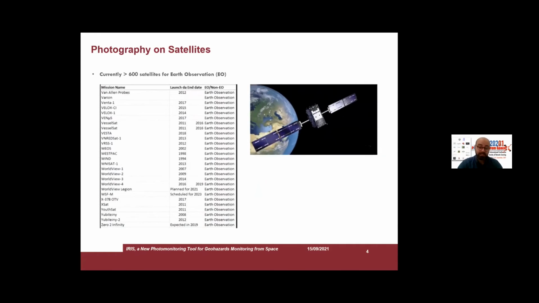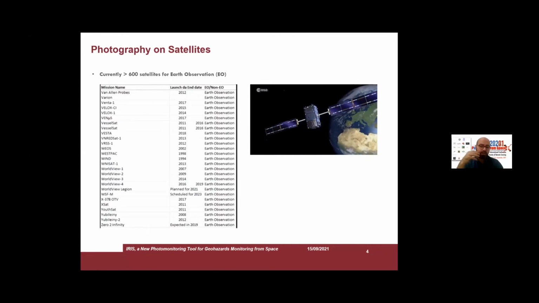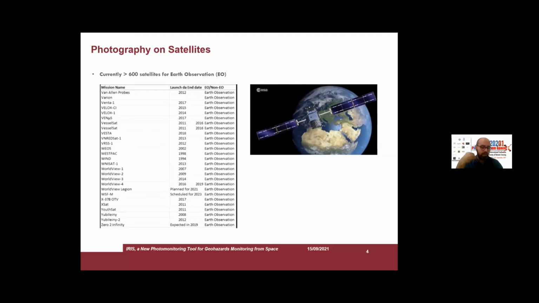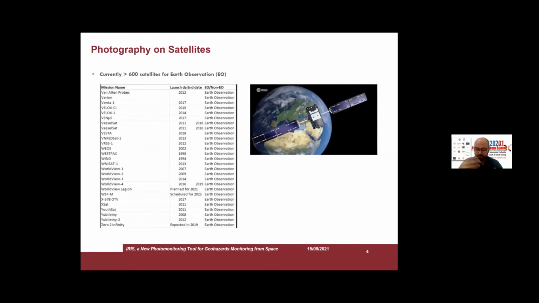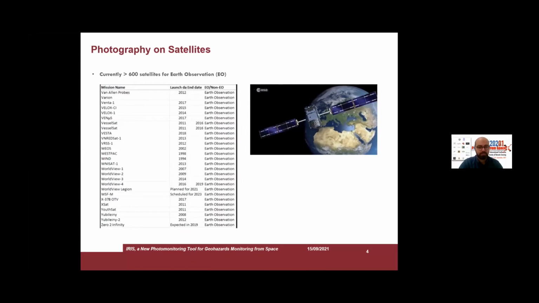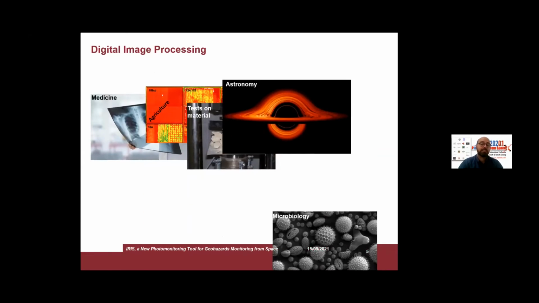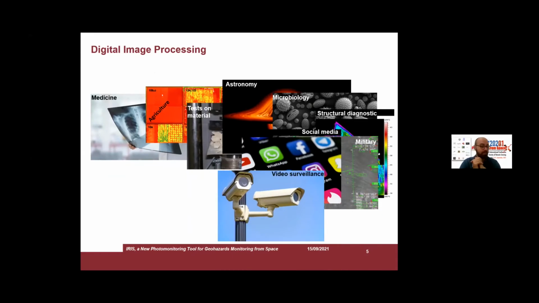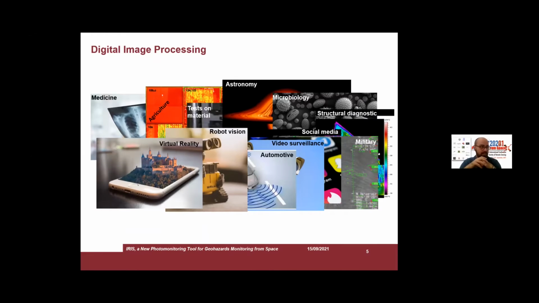Not only satellites and sensors, but we also have a large amount of data in our archives, more or less 20 years of data, so a large amount of data to be processed. In recent years, new processing techniques and new applications have also been developed in the fields of medicine, agriculture, video surveillance, astronomy, and so on.